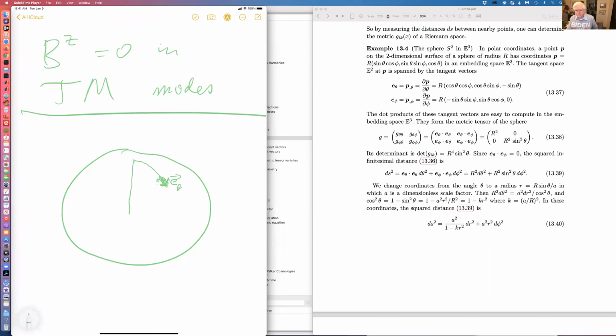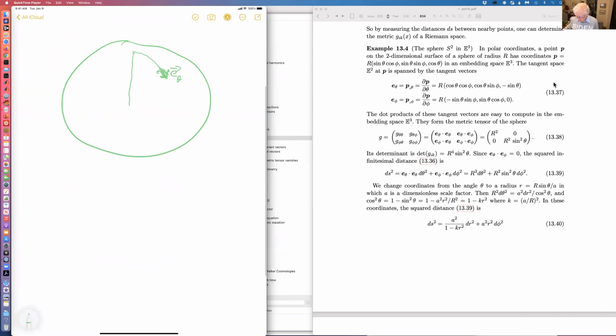And then the metric of E3 is just the metric 1, 1, 1. And so you compute the partial derivative of a point on the sphere with respect to the angle theta, and you get this 3-vector.